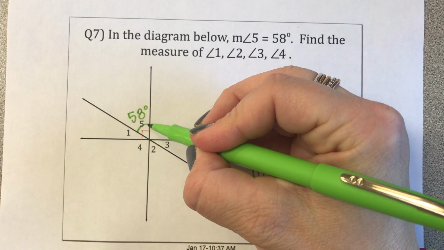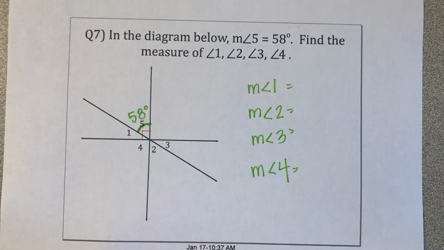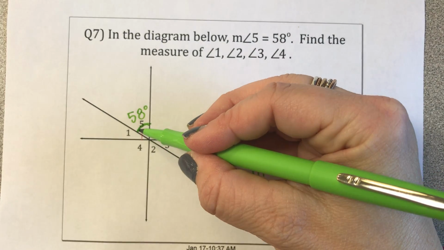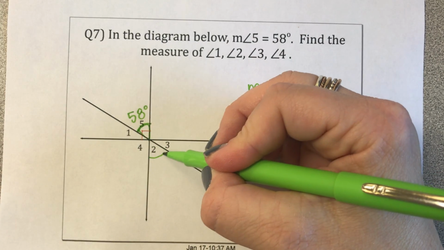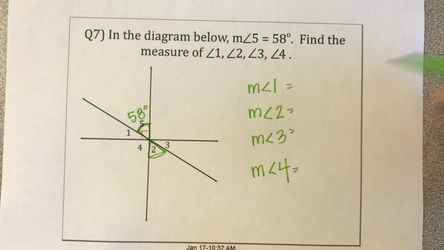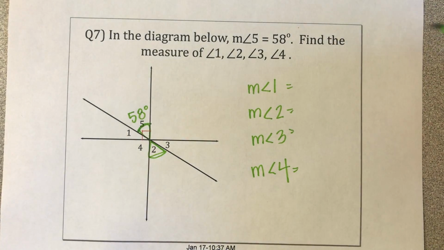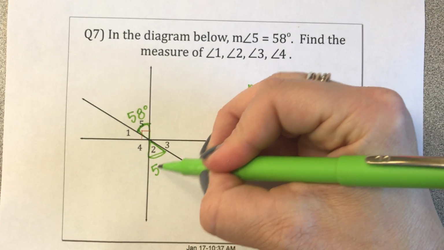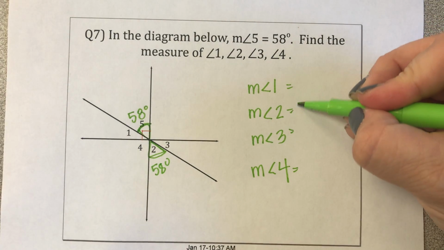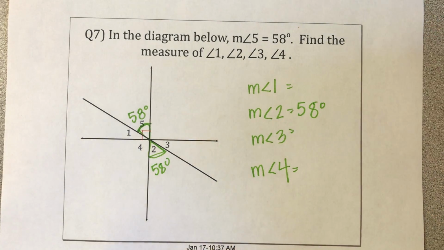So if angle 5 is 58, it's directly across, the mirror image of angle 2. So what would angle 2 have to be? 58 degrees. They're vertical. Now what other pair can I look at?